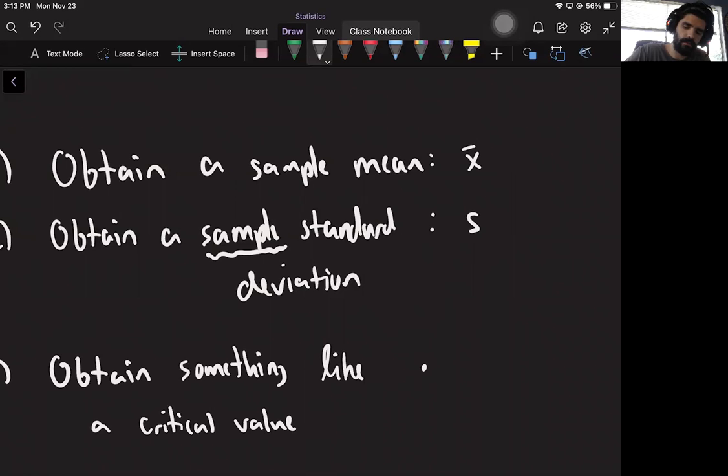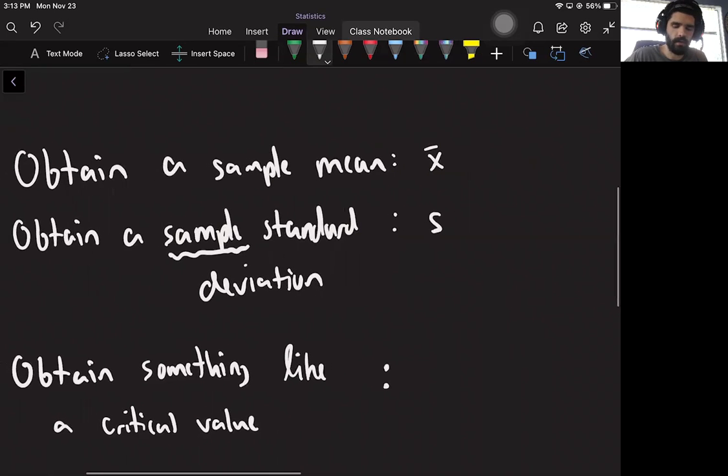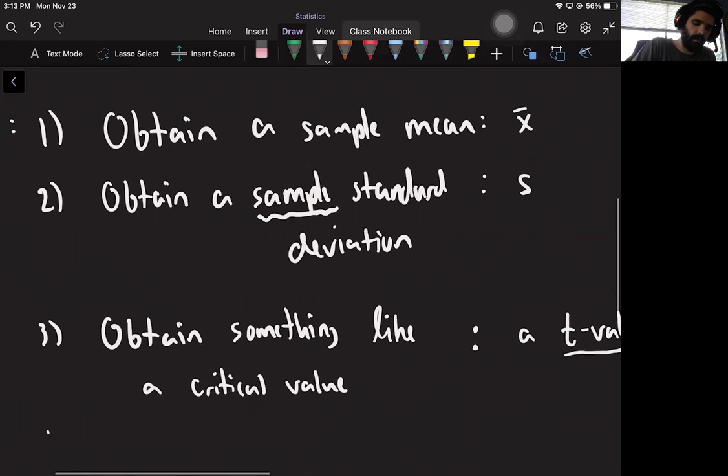But for means, we actually can't use z-scores. And so we're not going to have a critical value that's a z-score. We're going to have something called a t-value. So don't worry about what that is yet, but it's called a t-value. And it's just like a critical value, but for something else.